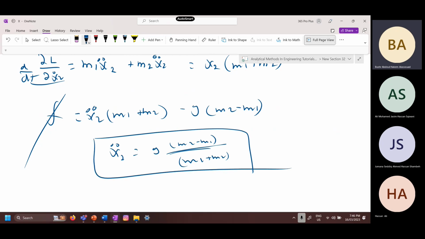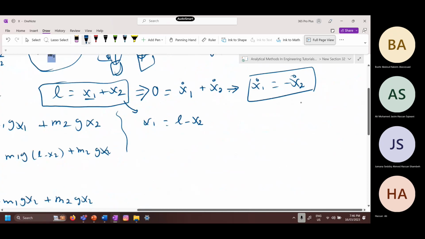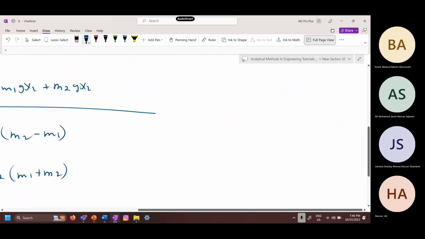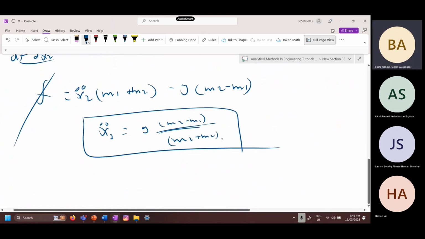Let's say that you're required to find x1 after finding x2. Go back here. You can see from this relation you can also get x double dot 1 is equal to negative x2 double dot. So x2 double dot here is equal to negative x1 double dot.